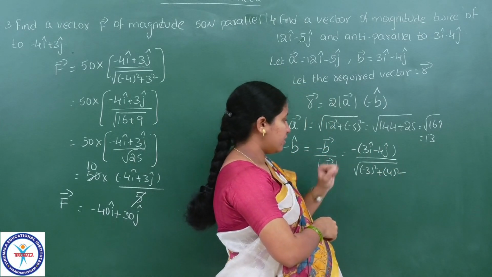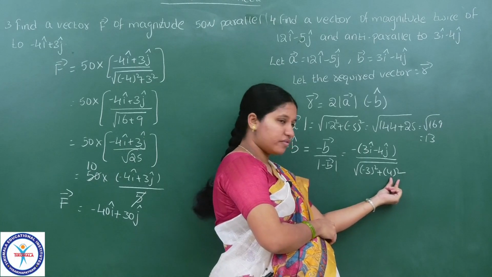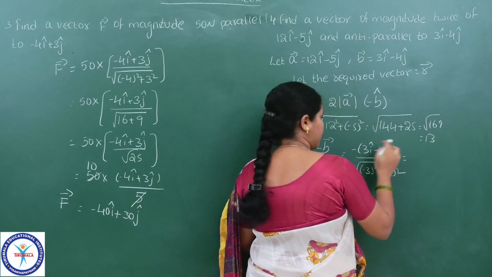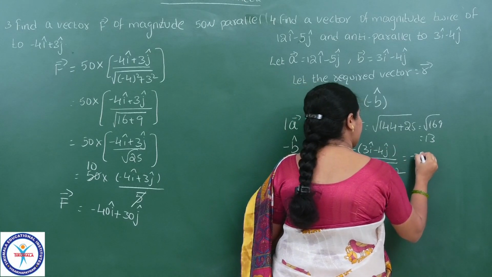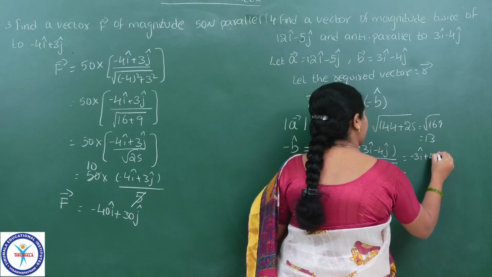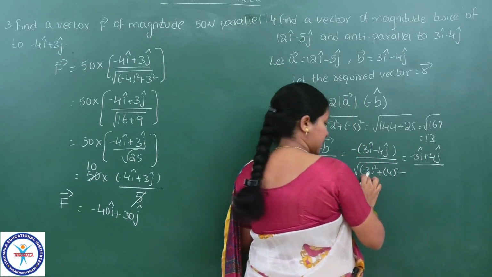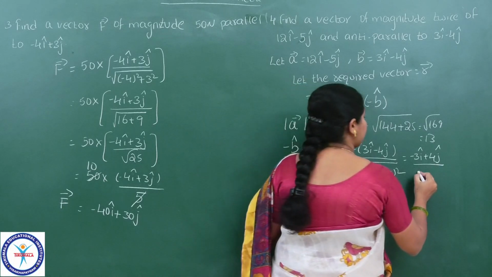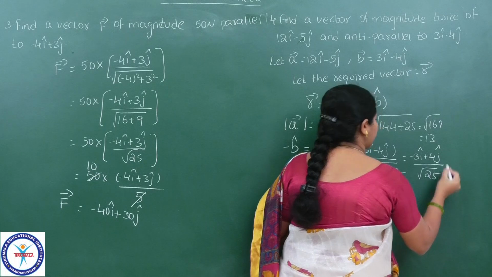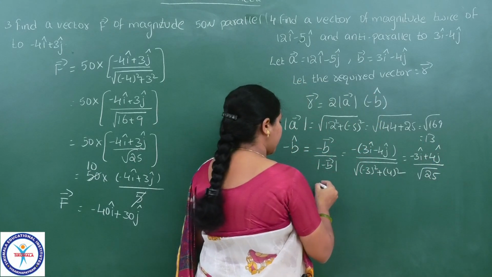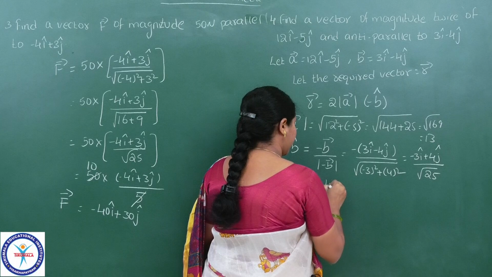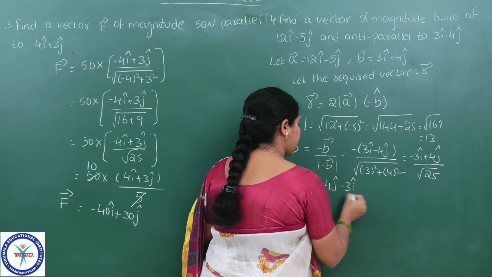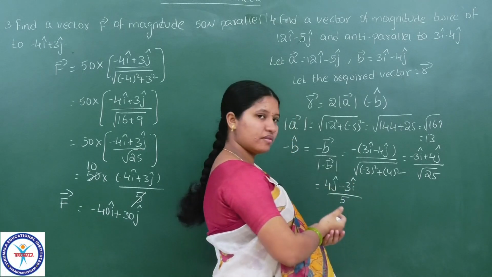On distributing the minus, we get minus 3 and the coefficient of j is 4. So now distribute minus, we get minus 3i cap plus 4j cap divided by 3 square is 9 plus 4 square is 16. 16 plus 9 gives root 25. So we can write this vector as 4j cap minus 3i cap by root 25 is 5.